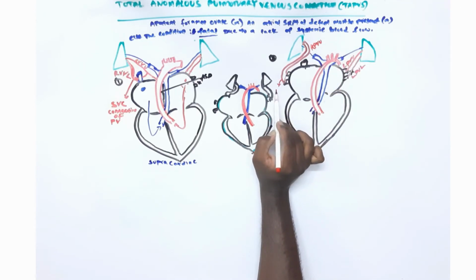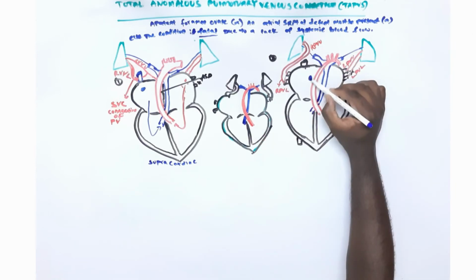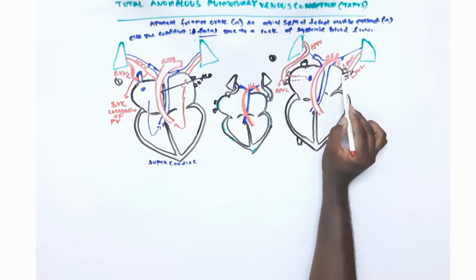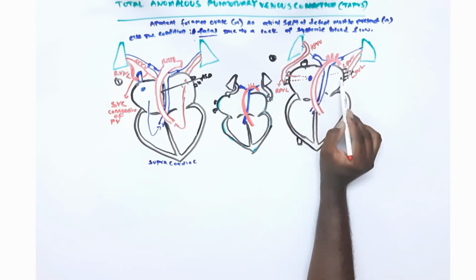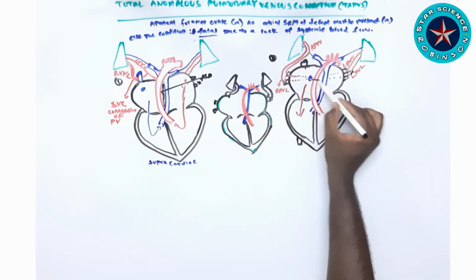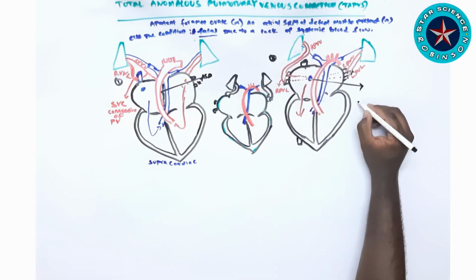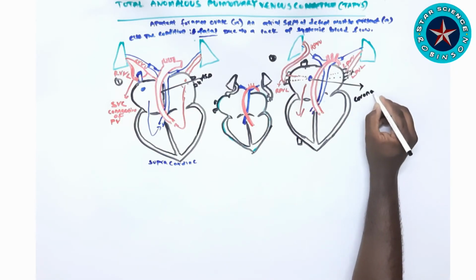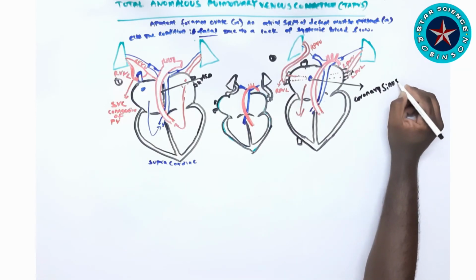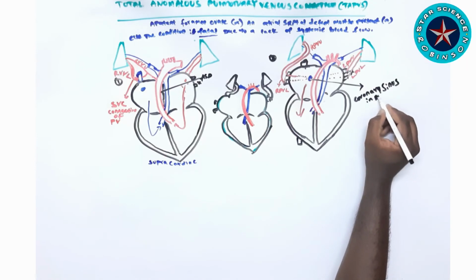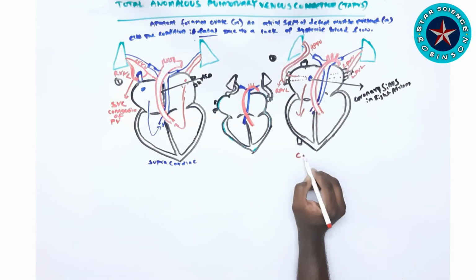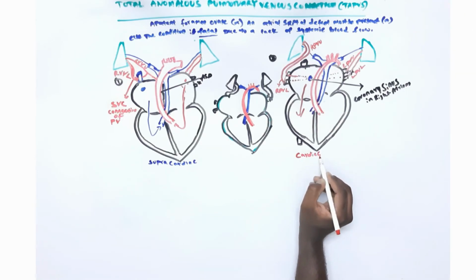Right now I'm showing you the right pulmonary veins, upper and lower. I am keeping dots which indicate it is attached internally to the coronary sinus, where the blood will be released into the right atrium. So there will be a mixture of deoxygenated and oxygenated blood. This is the coronary sinus, and this type is called the cardiac type. In this way there will be a total anomalous pulmonary venous connection.